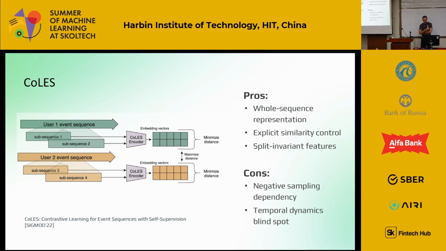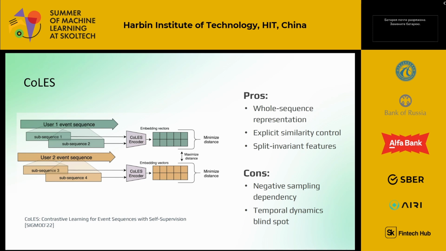This way can provide a good representation for the client, because here the learning forces small and big sequences to be similar, and we have a strong, robust encoder.